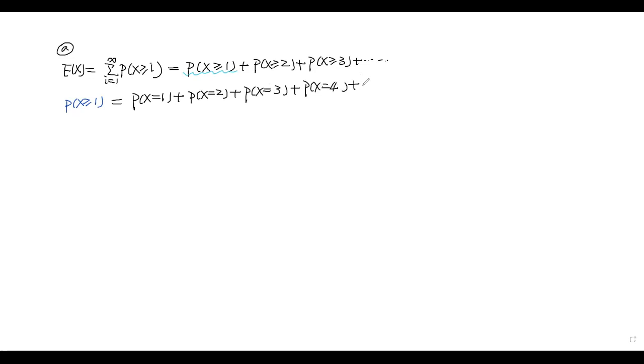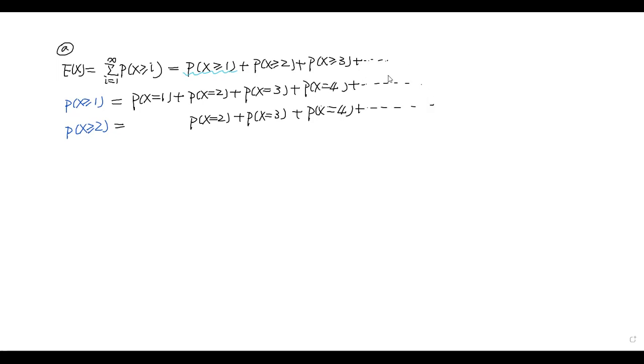The same thing with the probability x greater than or equal to 2: it's the probability x equals 2, plus the probability x equals 3, plus the probability x equals 4, and it continues.